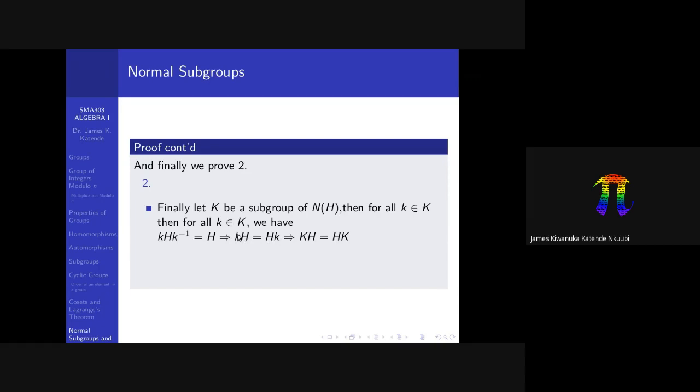But you can extend this further because this works for any value of k that you pick from this subgroup K. This means that the whole of KH must be equal to HK.